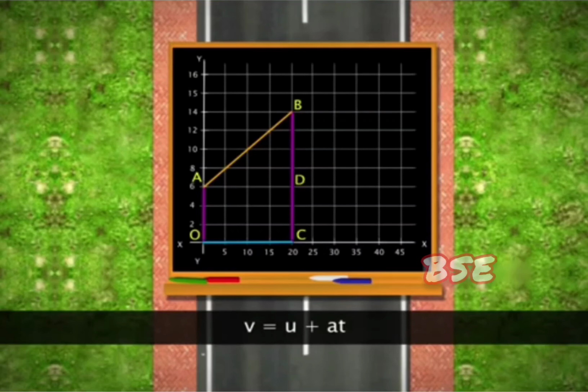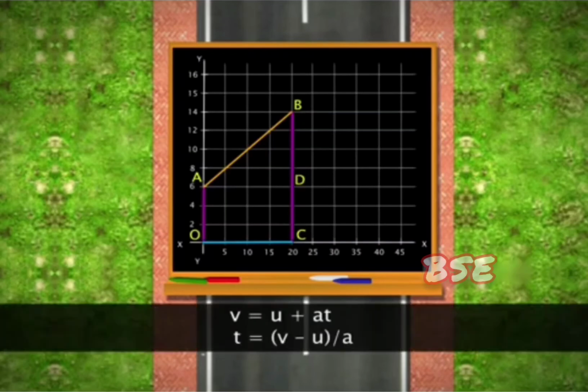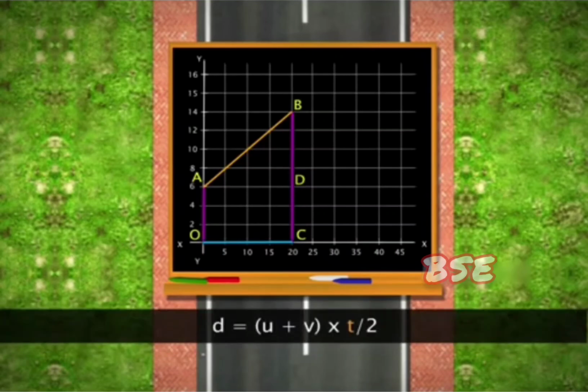Let us look again at the equation for the velocity-time relationship. From this, we can derive an equation for time taken. This is the equation for the distance traveled. In this equation, let us substitute t with the equation derived from the equation for the velocity-time relationship.